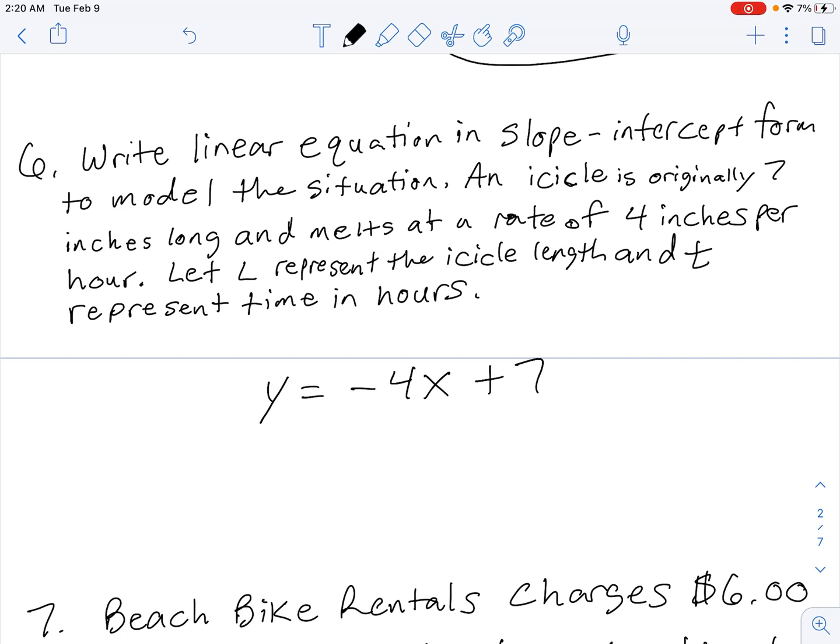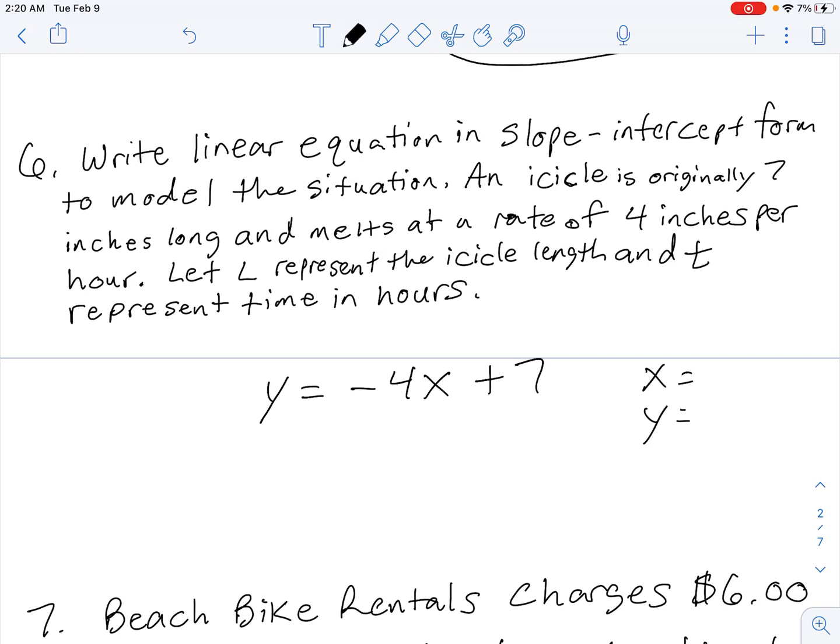So now, obviously in the answer, they're going to want an L and a T. So it says at the end, let L represent the icicle length and T represent the time. So if you're having trouble with that, let's just go ahead and look at the labels. Remember, you have to label everything anyway.